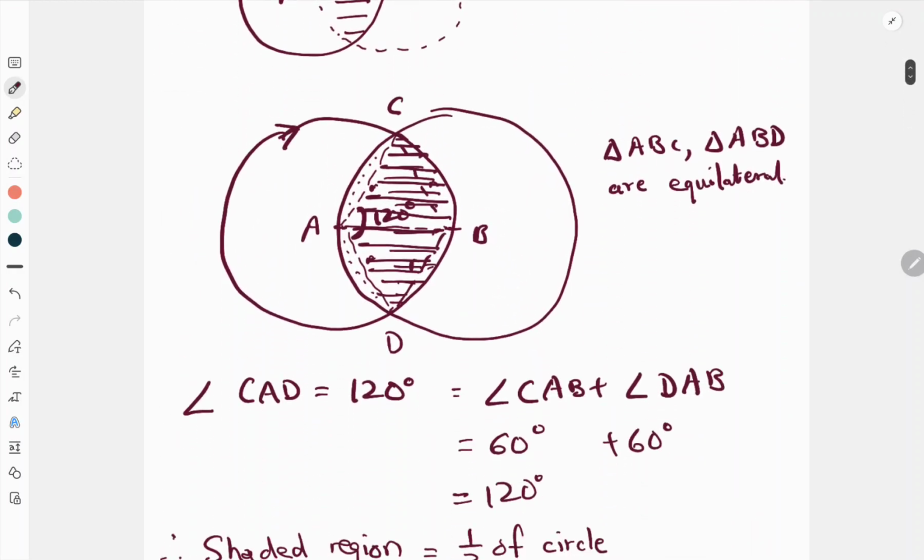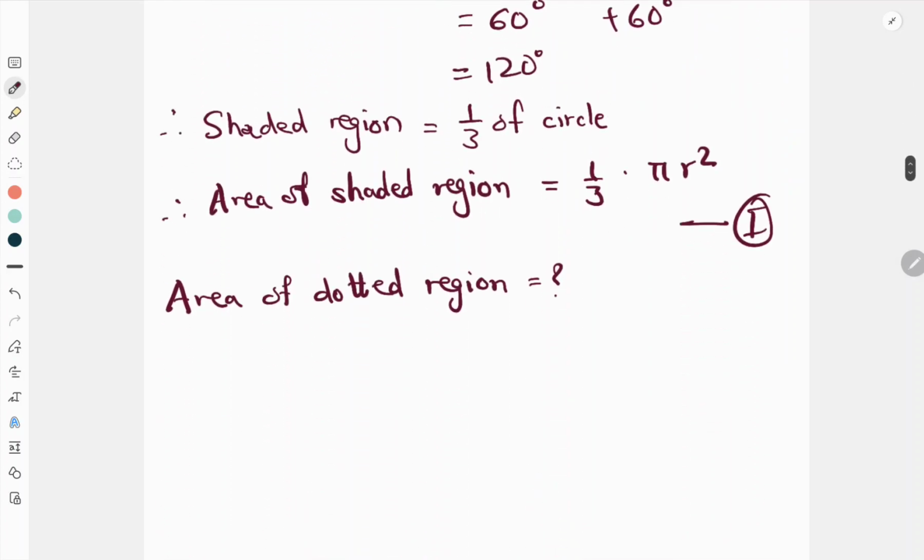So this dotted region, if I look at it from the point of view of the circle with center B, let's focus on this circle now. Then this dotted region is basically 1/3 of the circle minus these two triangles, and they are both equilateral triangles.